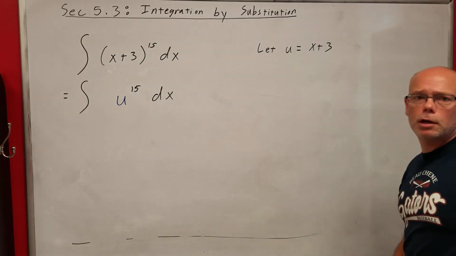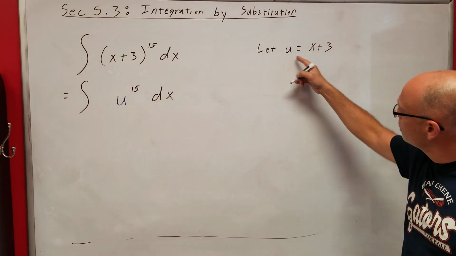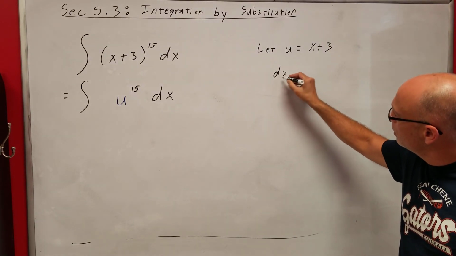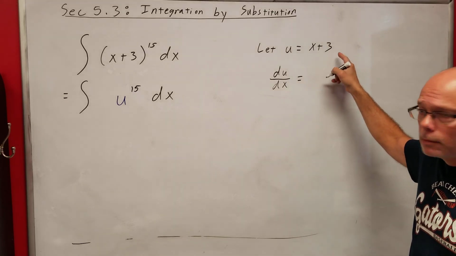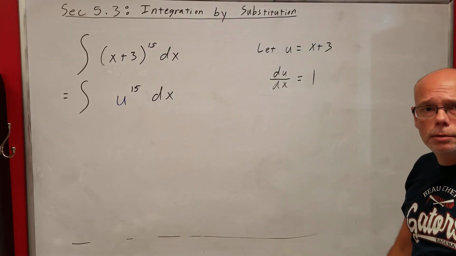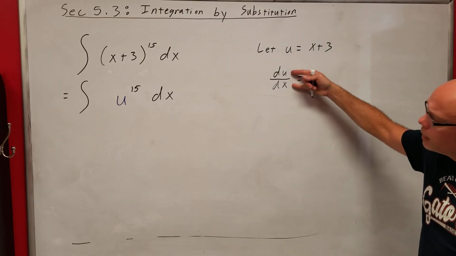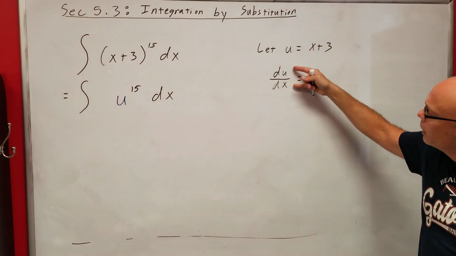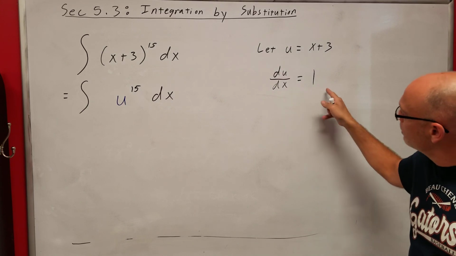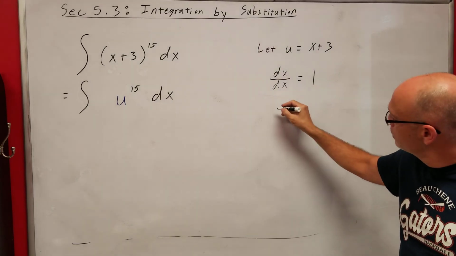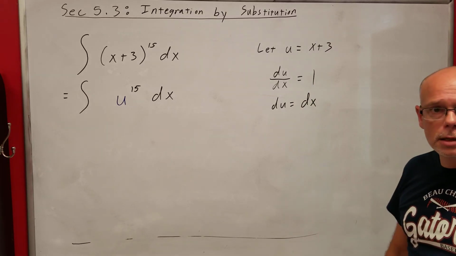Now, the way we work this is we take the derivative of both sides with respect to x. So we're going to say du/dx is equal to, what's the derivative of this side with respect to x? Just 1, right? Then what we do is we treat this like it's a fraction now, like du is the numerator and dx is the denominator. And then we multiply both sides by dx. So we have du is equal to 1 dx.